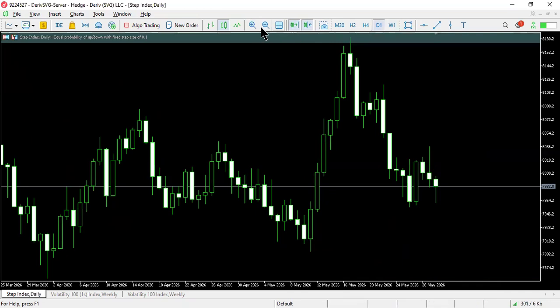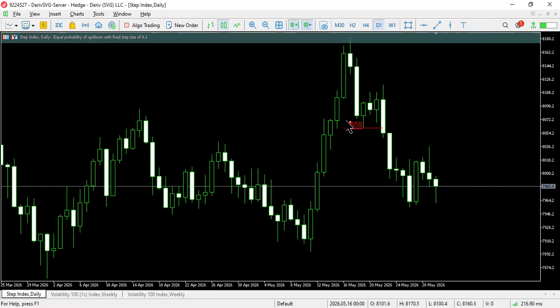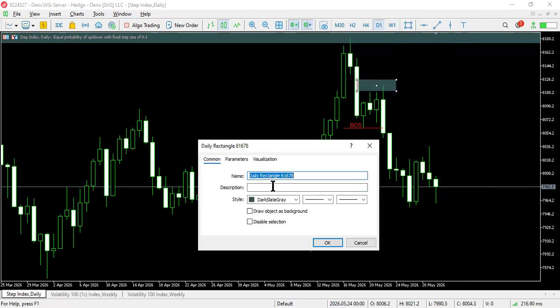Heading over to the daily time frame. From the daily time frame, we had this break of structure, and then price reacted from the FVG.